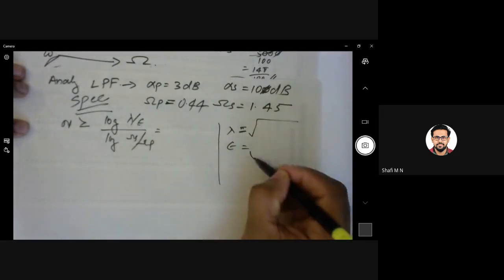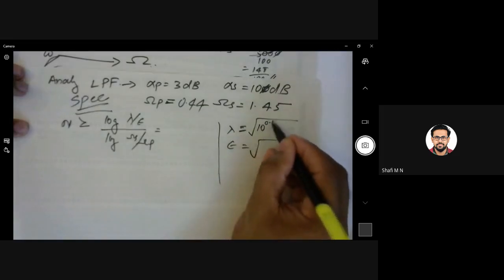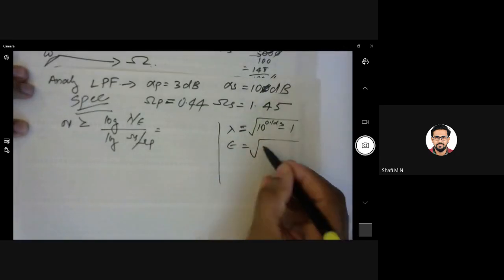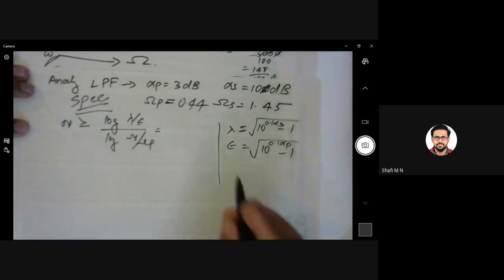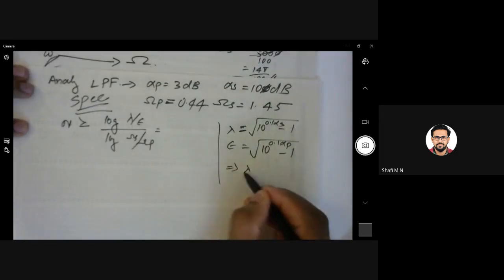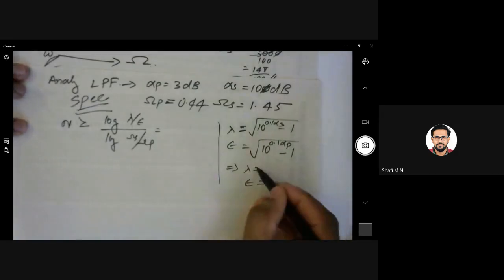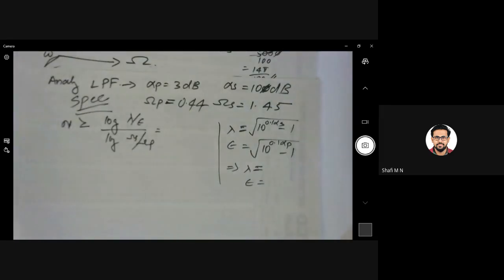Lambda is 10 raised to 0.1 alpha s minus 1, and epsilon is 10 raised to 0.1 alpha p minus 1, which gives the lambda and epsilon values. Find it. Just give me the values.